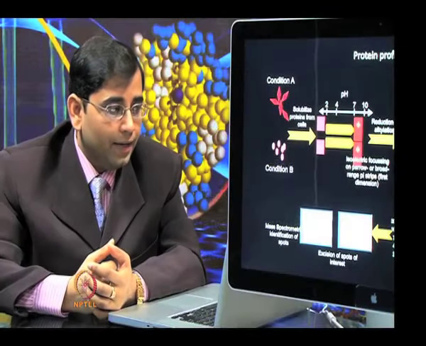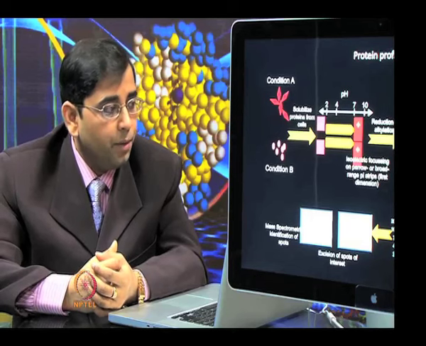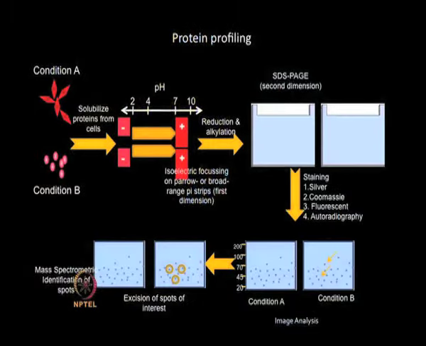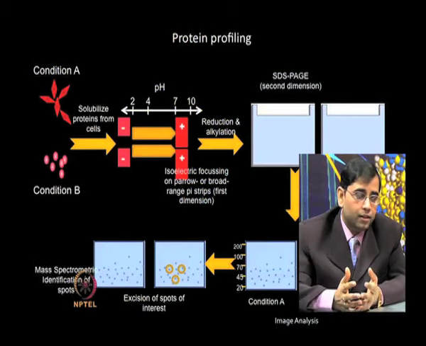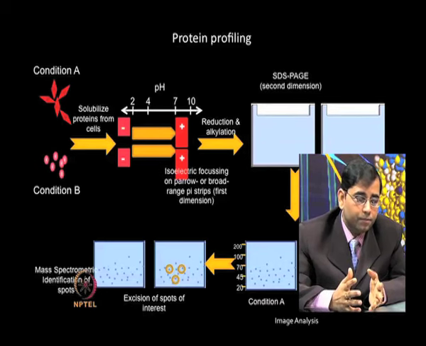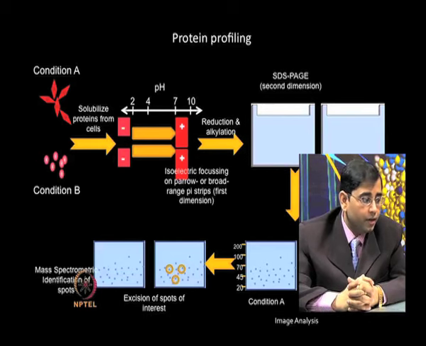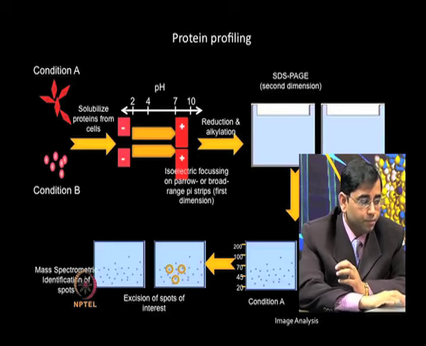So, the protein profiling, if you want to compare your different sample types from condition A to condition B, you need to solubilize the proteins from the cells and separate all the proteins by applying the pH gradient, which is shown here, in the first dimension.